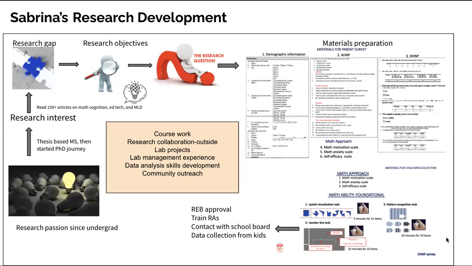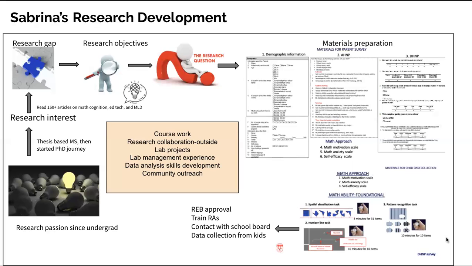That was another challenge, because when we applied for research ethics approval, they said it would be overwhelming for the children in terms of cognitive load, because we were using more than 10 measurements, and the targeted group was from grade 1 to grade 5. So we had to exclude some materials.